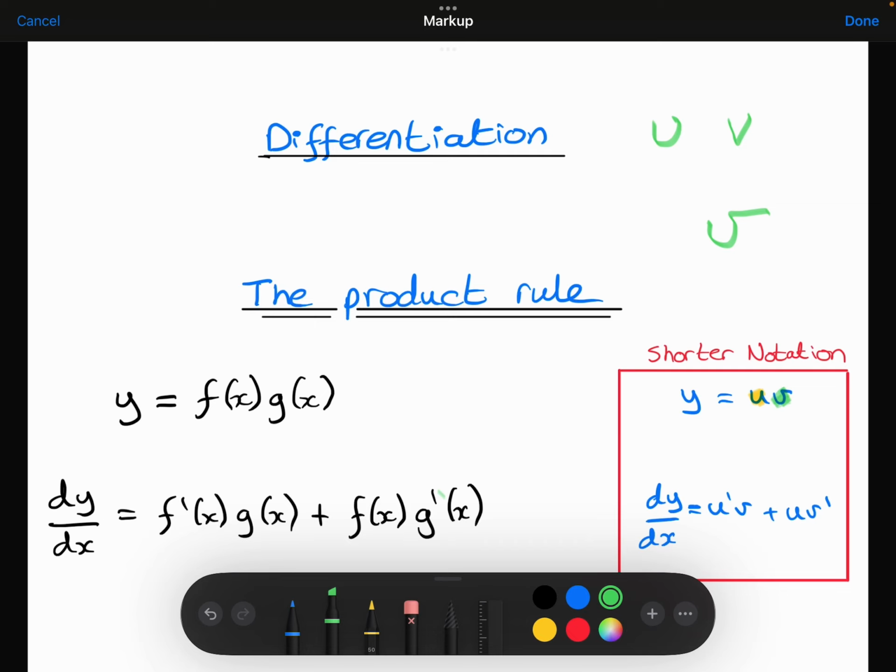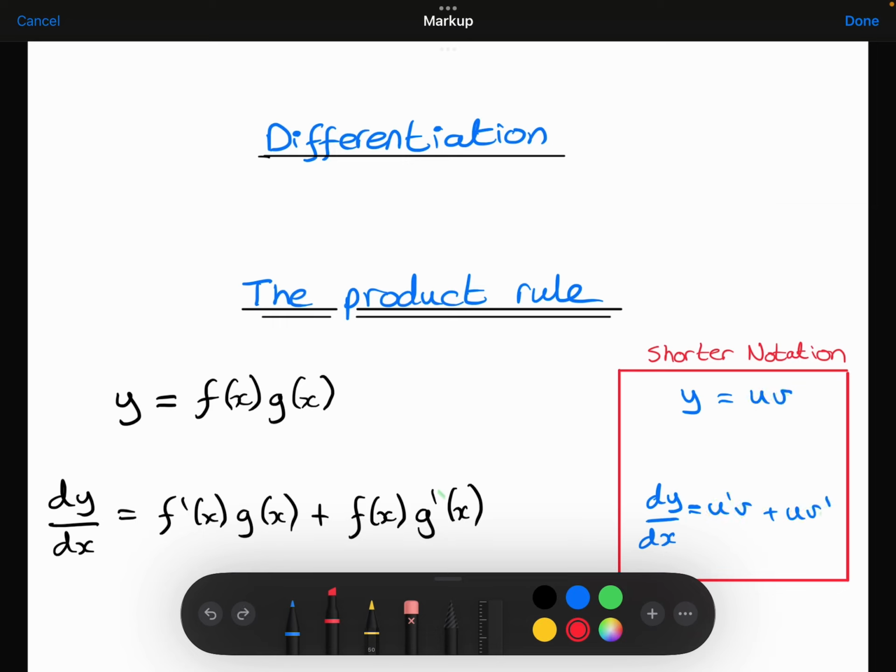So hence why I now very clearly do my u's like this and my v's like that, so I don't get confused. Anyway, we differentiate the u function, times it by the v function, and then we do the opposite. We differentiate the v function, times it by the u function, and then add the results together.